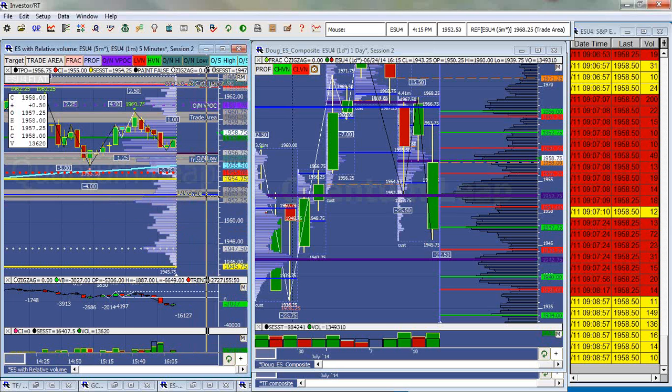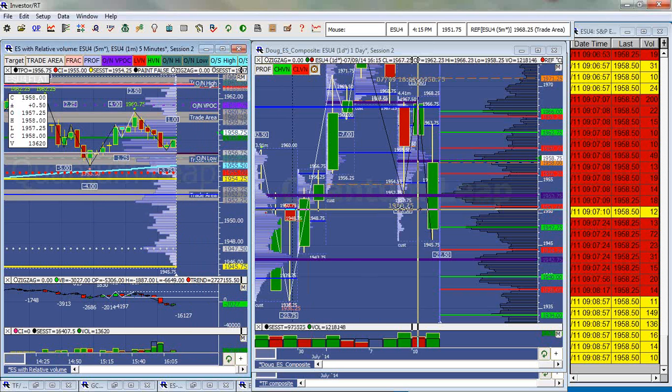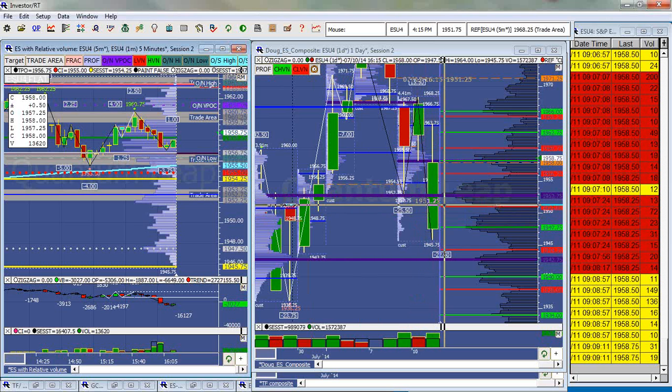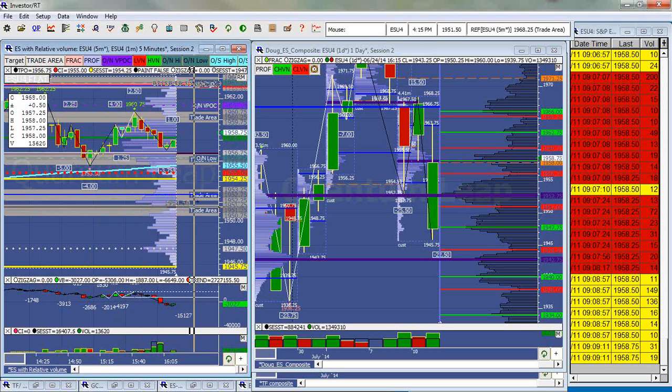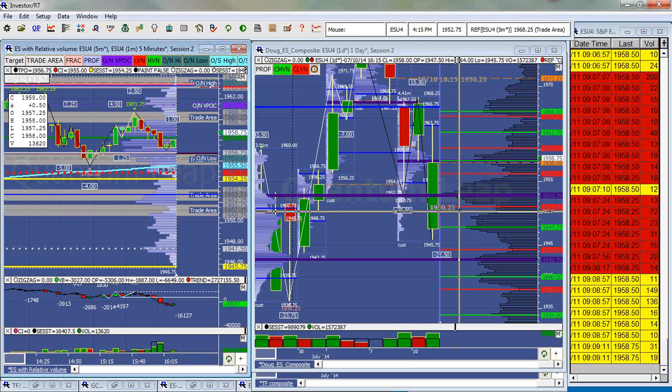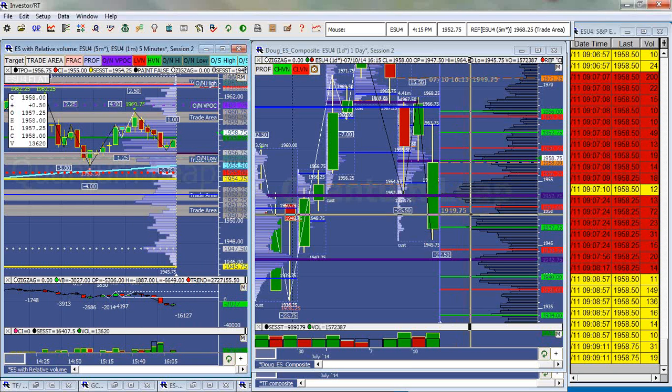But a trade area is always an area where I'm going to be scaling and using as a target as well. If we break below 52.75, then you've got the CLVN down here at 51. I'm going to mark it. It's going to look a little bit convoluted there, but I'm thinking that they might come down.